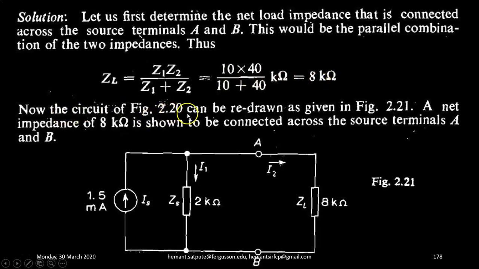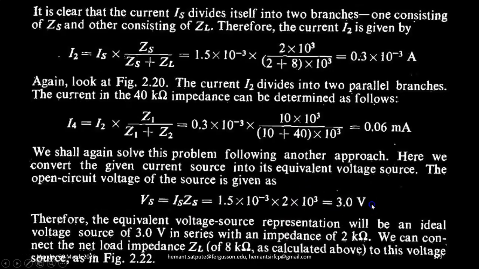Now the circuit of figure 2.20 can be redrawn as shown in the following figure. A net impedance of 8 kilo ohm is shown connected across the source terminals A and B. So 1.5 milliampere in parallel with 2 kilo ohm is the current source representation and this is connected to a load of 8 kilo ohm.